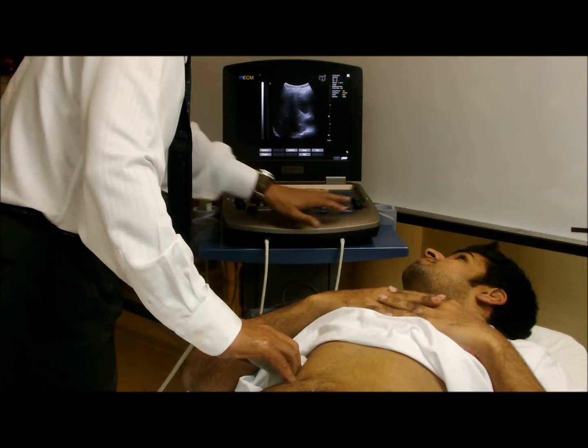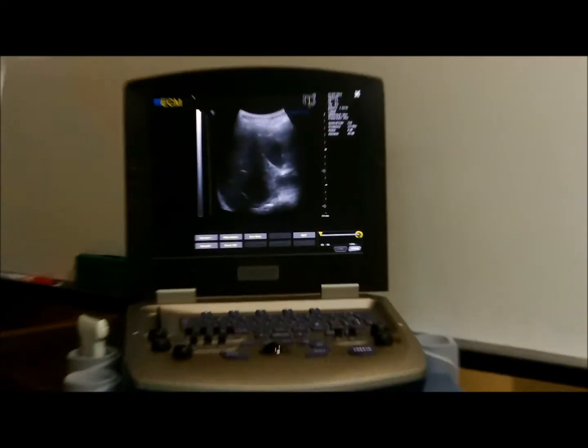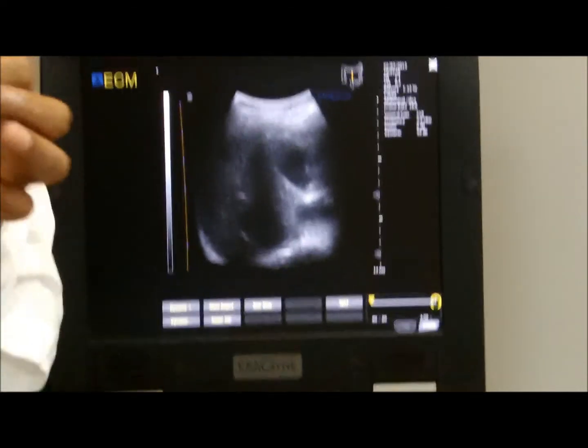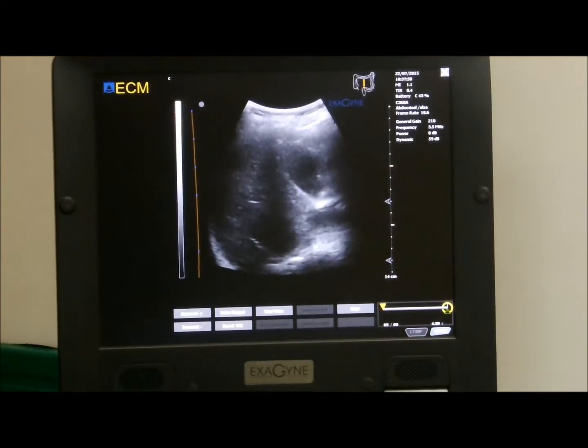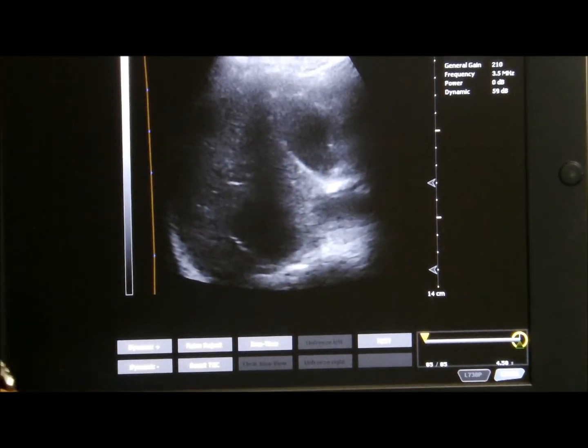The gallbladder, and if you freeze it, you can see whether there's any cholelithiasis. It would appear echogenic with hypoechoic shadows, and you could actually measure the wall.